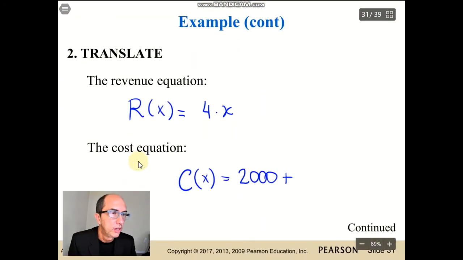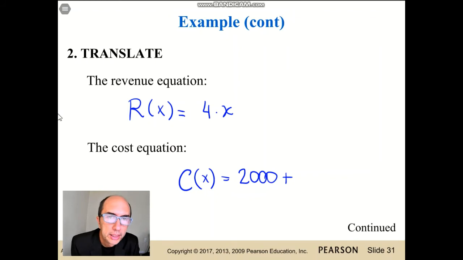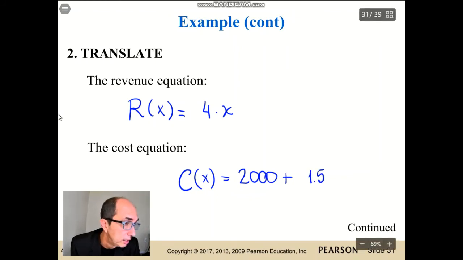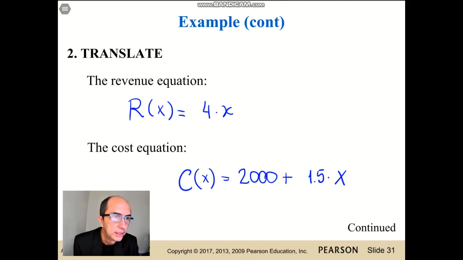So it's $2,000 plus 1.5, the cost of production for each gift box, multiplied by the number of gift boxes produced. This is the total cost.